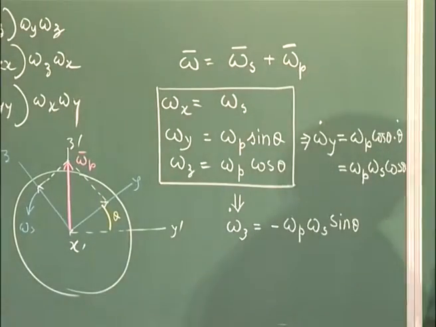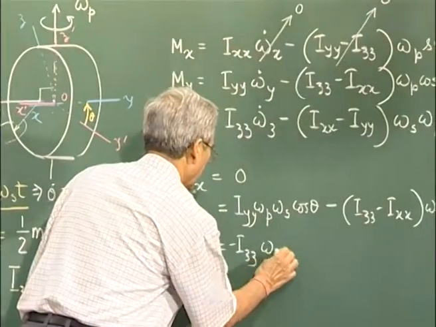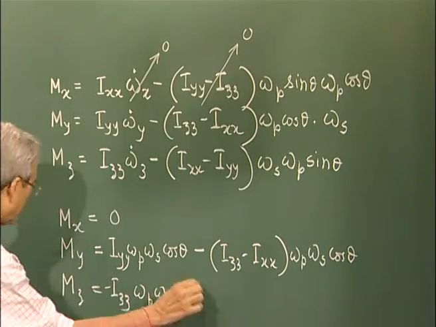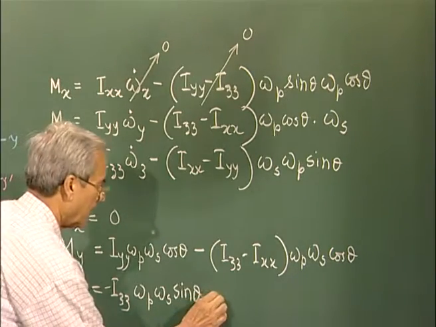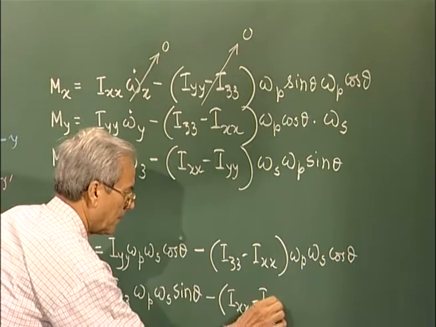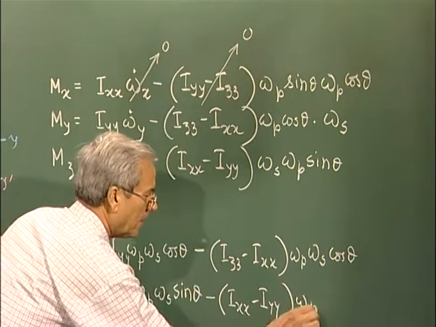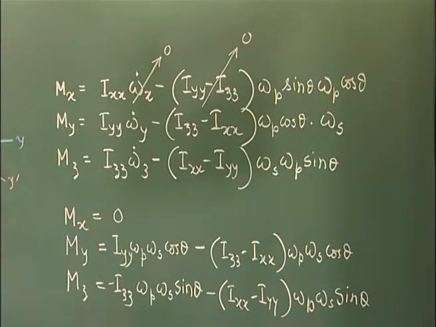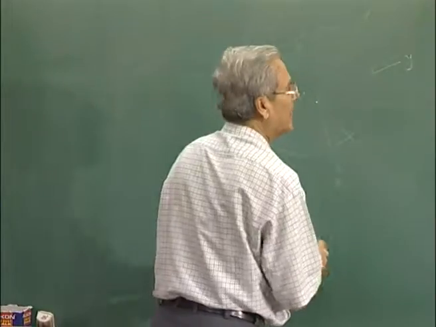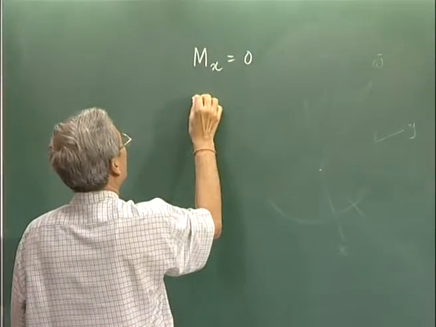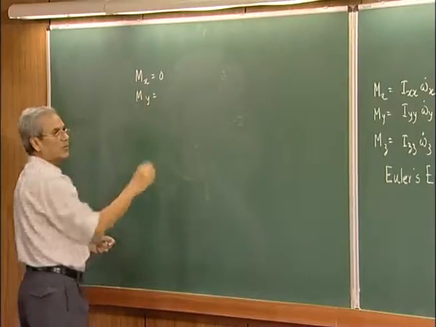So, this will be minus. Further simplification will lead to this: M x is equal to 0.